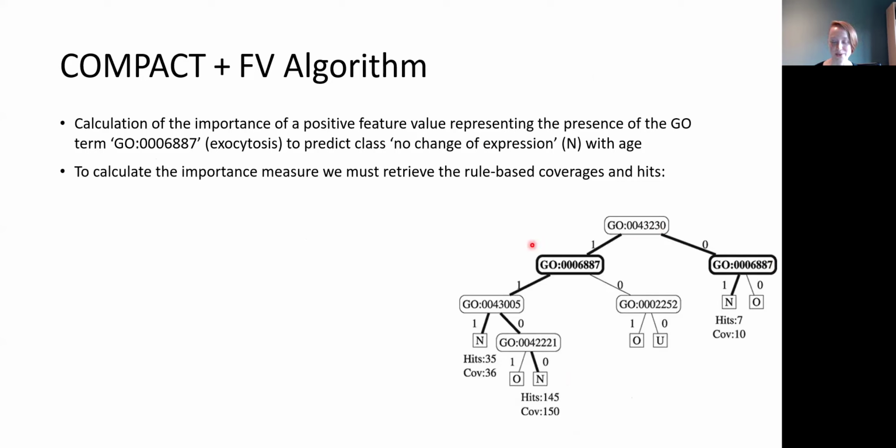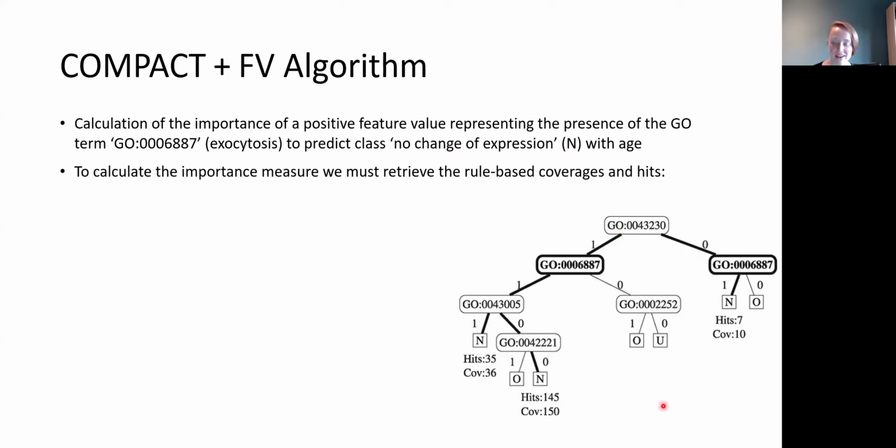So I said we'd go through an example that will hopefully help to visualize this slightly more. In this case, we're looking at this GO term here, which is for exocytosis. And we're trying to calculate the importance of this in relation to the no change of expression with age class. This is the example they include in the paper.